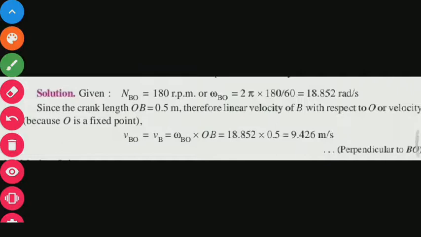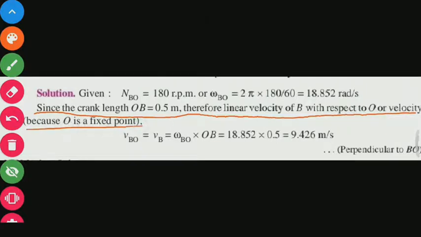Now from the given problem we can write down the given data. So NBO, which is the revolution of crank, is equal to 180 rpm, given in clockwise direction, from which we can calculate angular velocity omega BO, that is 18.852.